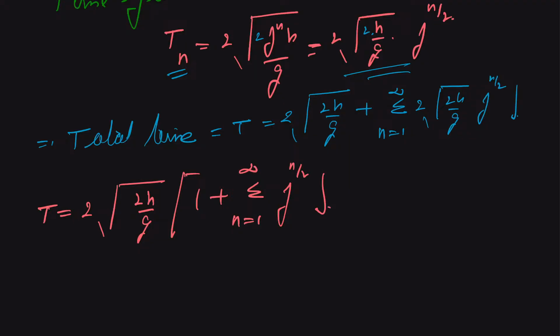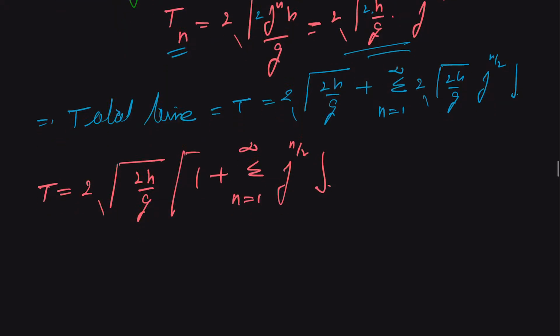Okay. And this, you can say, is the evaluation of f^n raised to power 1 by 2. This is basically our geometric series, and its common ratio will be square root of f.